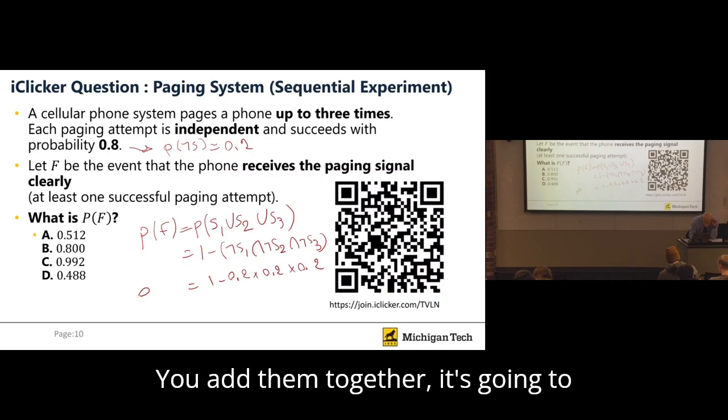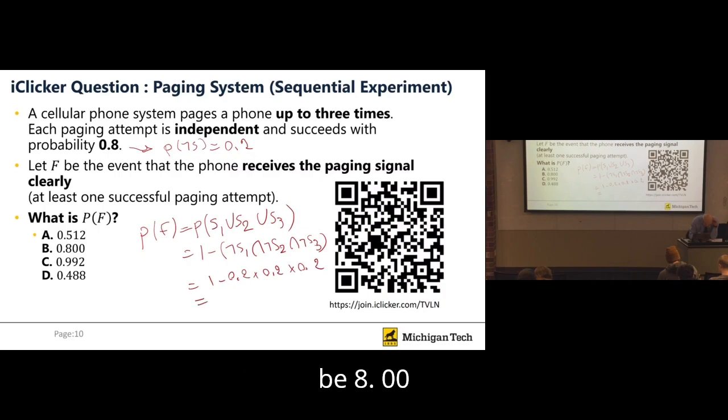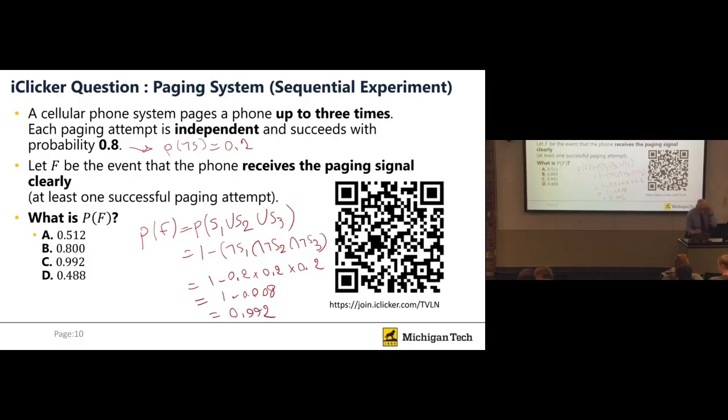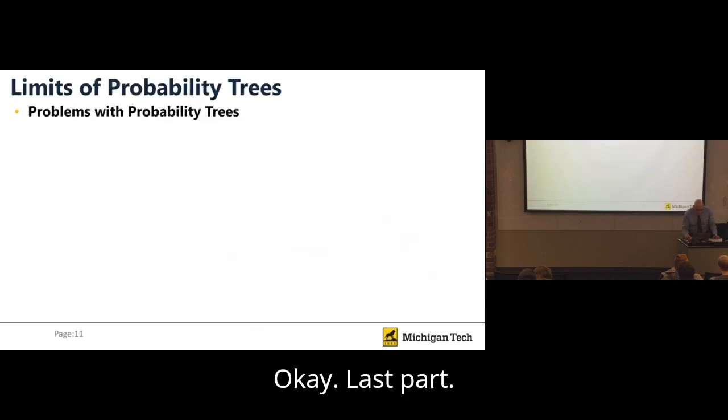You add them together, it's going to be 0.992. This is the correct answer. Good? Okay. Last part.